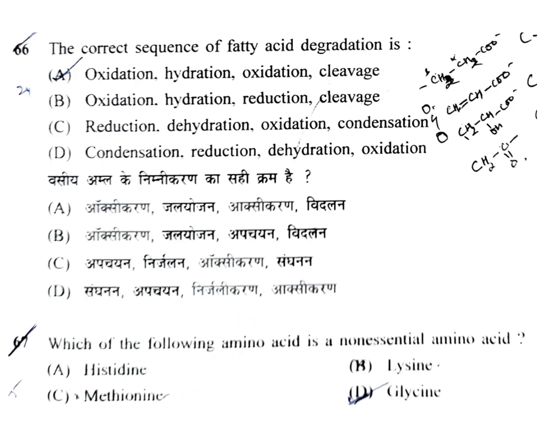Now the next question is the correct sequence of fatty acid degradation. When fatty acid degradation takes place, for example a 12 carbon chain, in every cycle it is shortened by 2 carbons.